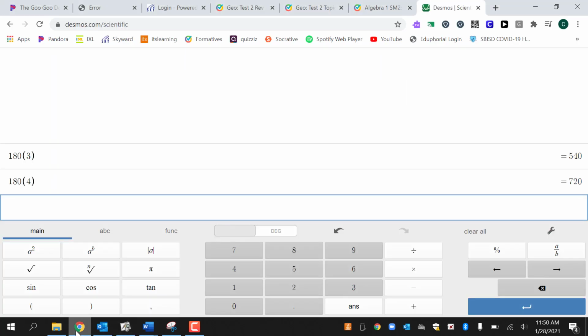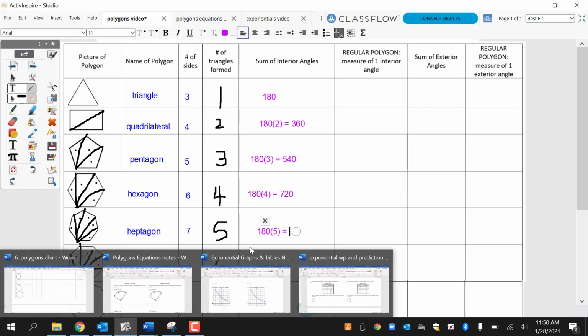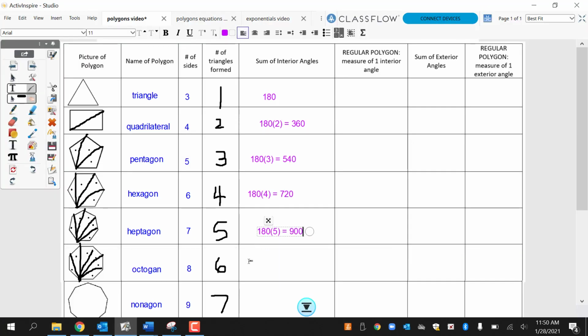And we type 180 times 5 is 900. For 8 sides, that's 6 triangles. 6 triangles is going to multiply to 1080.